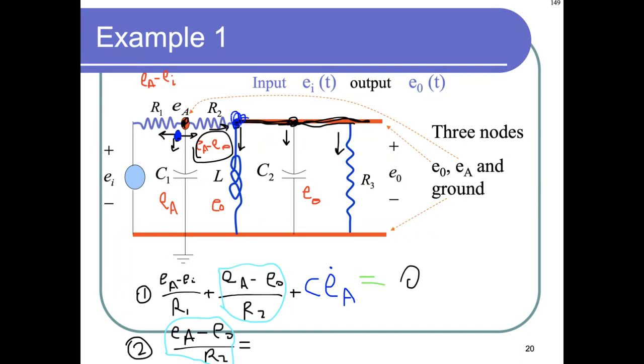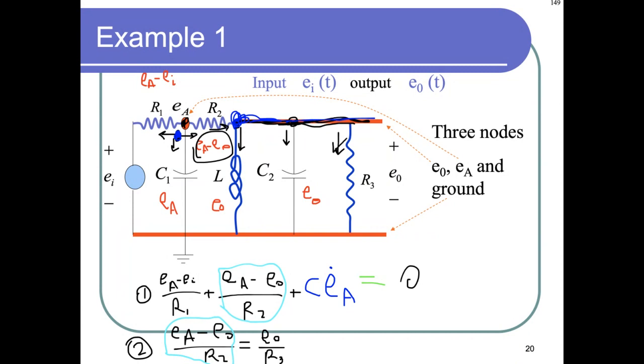So we have a current through the inductor here. Okay. So what is the current through the inductor? Yes, Mazen. E naught over R3. Is this the current through the inductor? This is the inductor. No, this is the resistance. Okay, this is the current through the resistor.